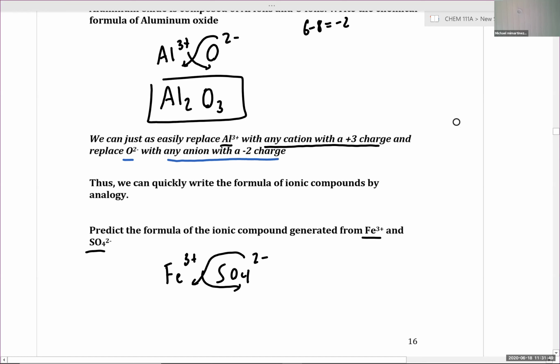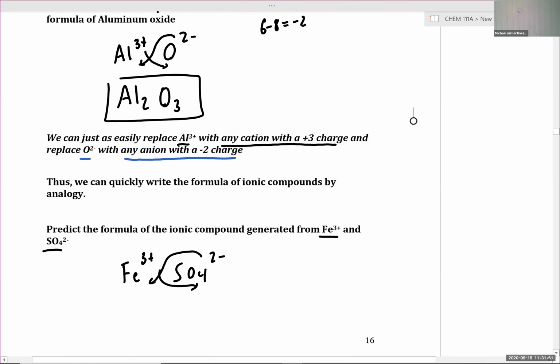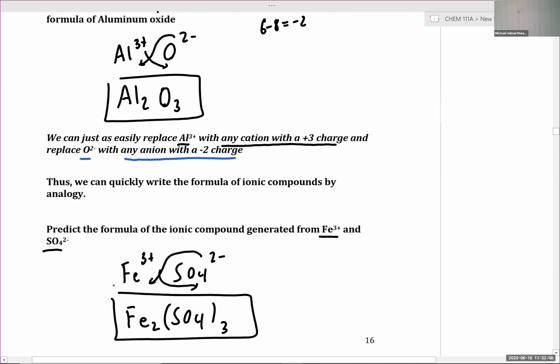Does everyone notice how the formulas structurally look very similar for iron 3 sulfate and aluminum oxide?